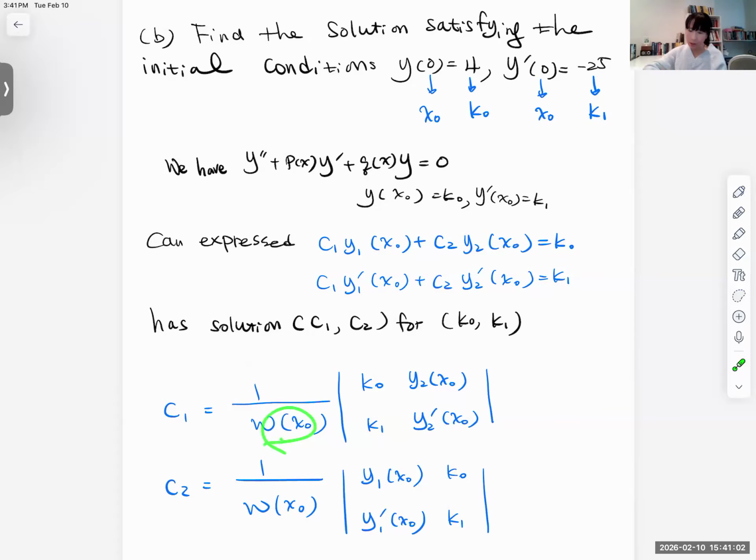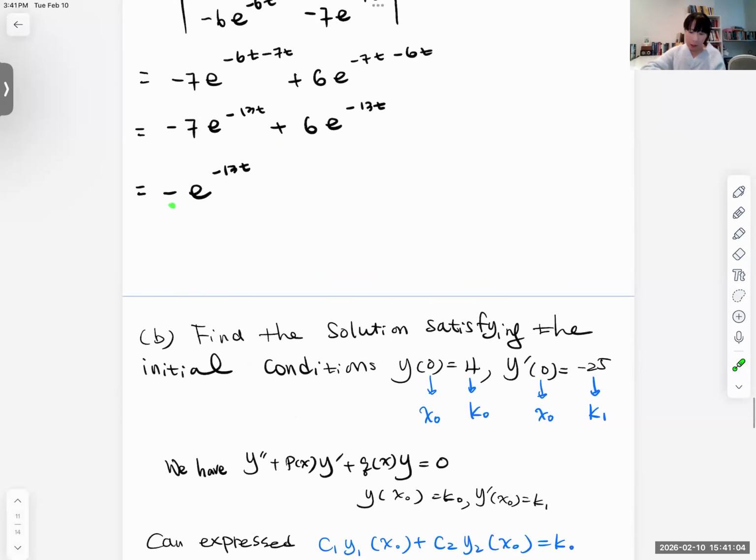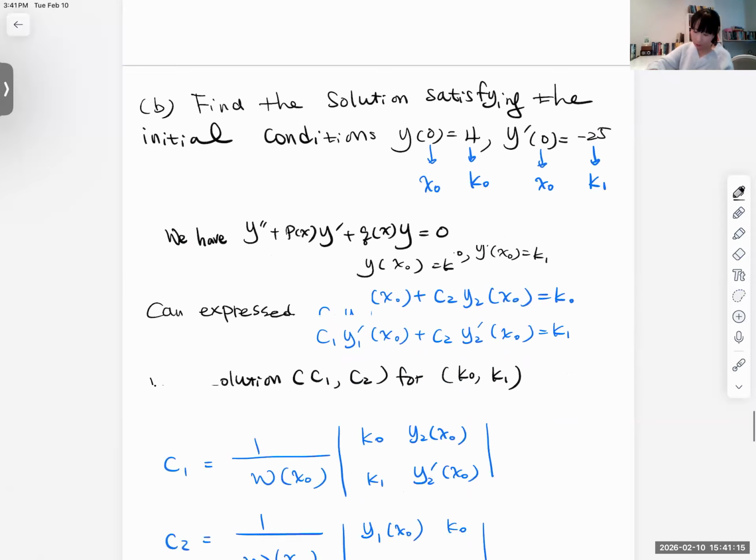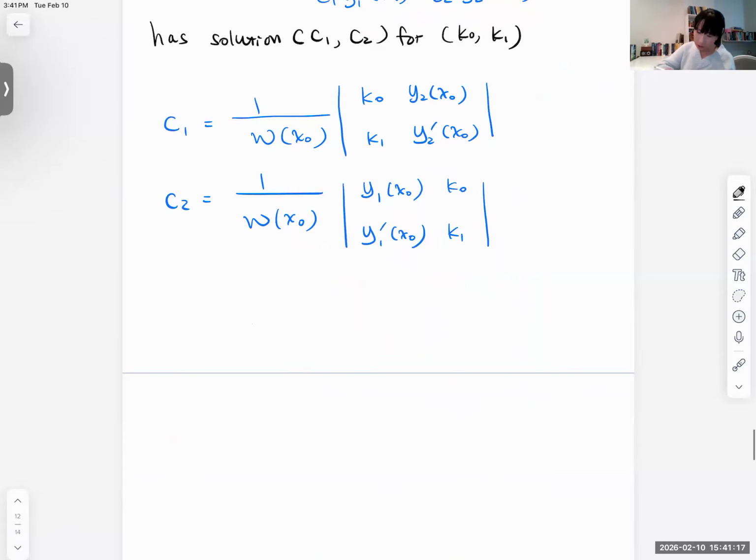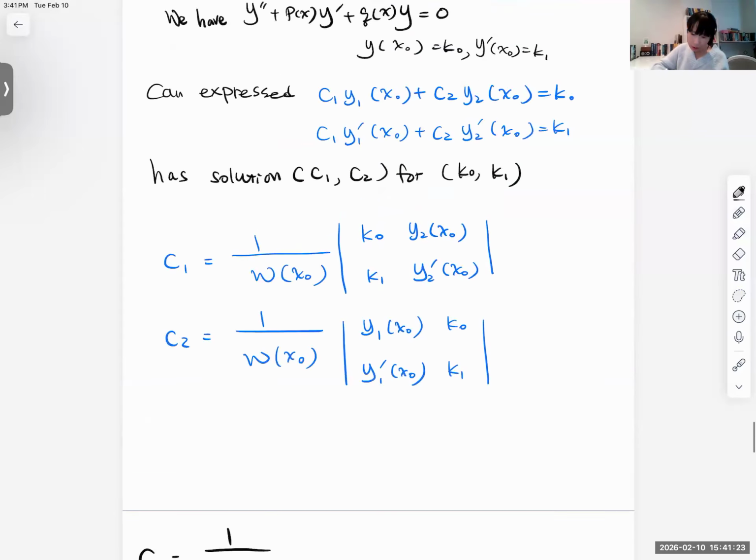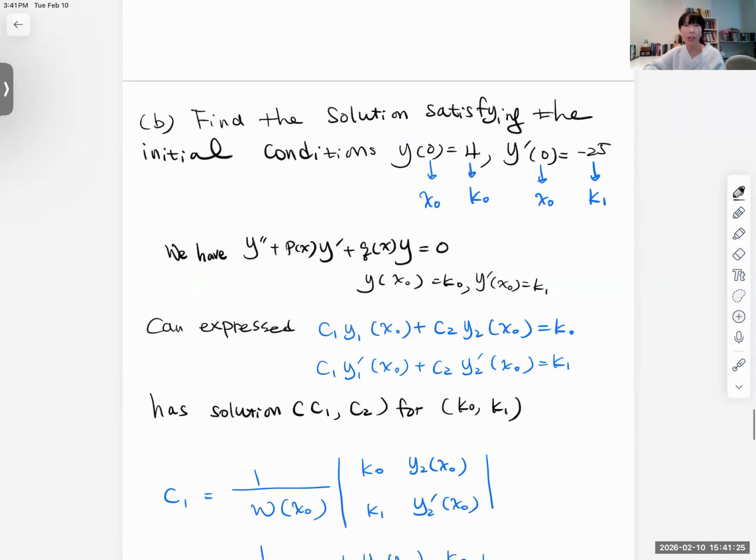So Wronskian, we have e to the negative 13t means 1 over e to the negative 13t, right? So C sub 1 over negative e to the 13t, right?